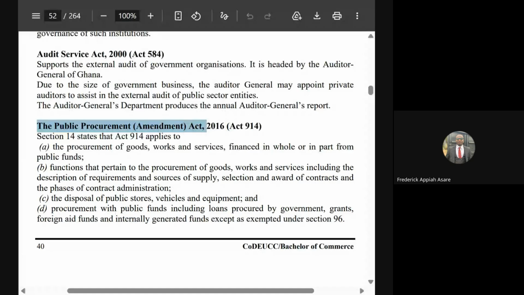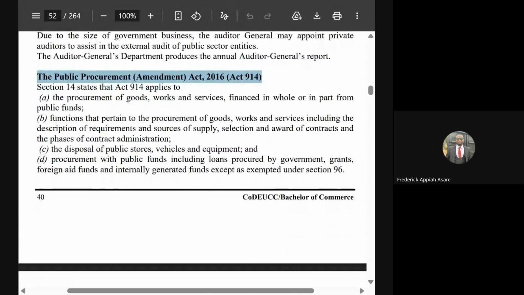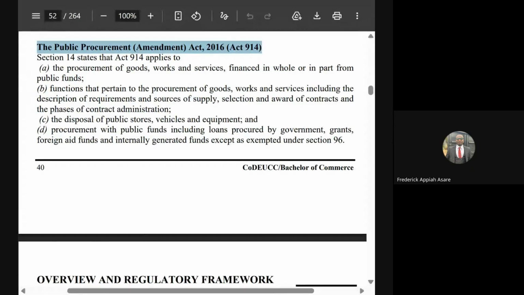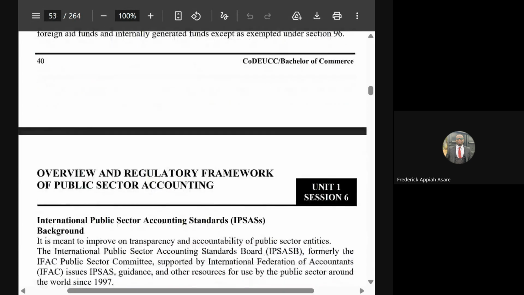The Public Procurement Act, amended in 2016, Act 914, also is another act that will tell us, because usually these public sectors use public funds in procuring goods and services. So this act will regulate the kind of goods that they can buy and the process that they have to go through when they want to purchase things.